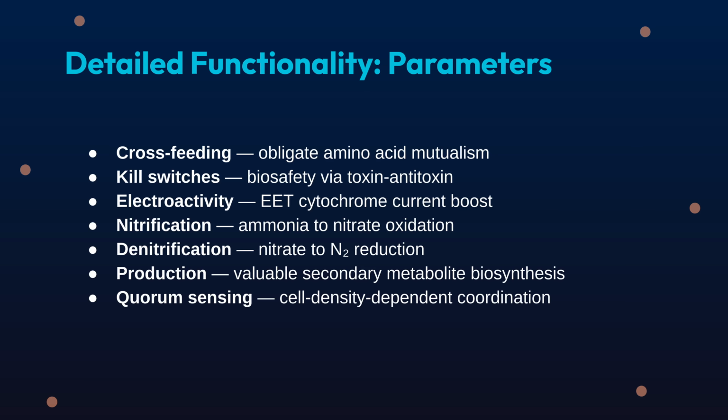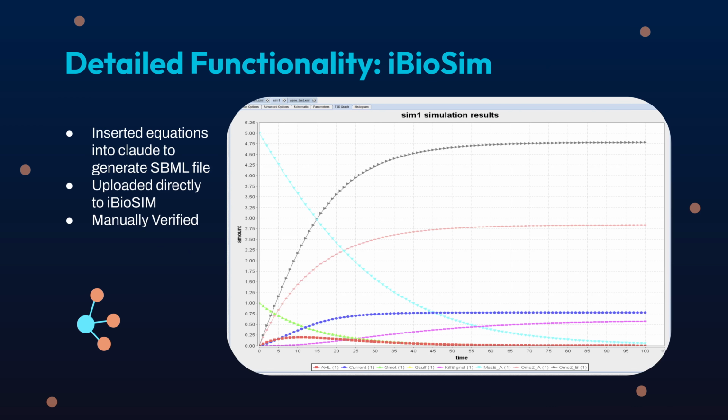The parameters that we adjusted were cross-feeding, so how much mutualism there was, the kill switches, so the levels of kill switching in the populations, the electroactivity, which is the electrical current being driven, nitrification and denitrification for maintaining nitrogen levels at optimal amounts, metabolite production, and quorum sensing, so coordination based around cell density of the solution.